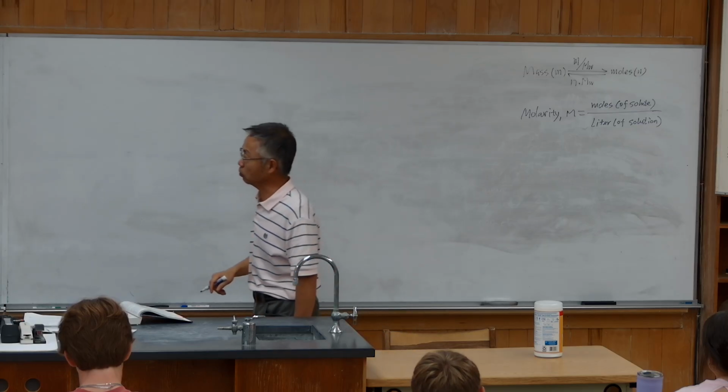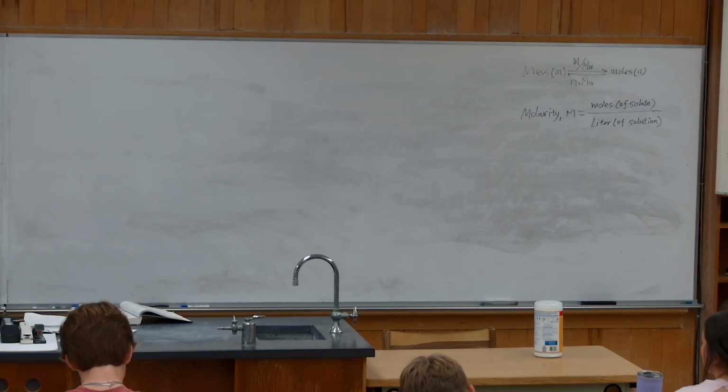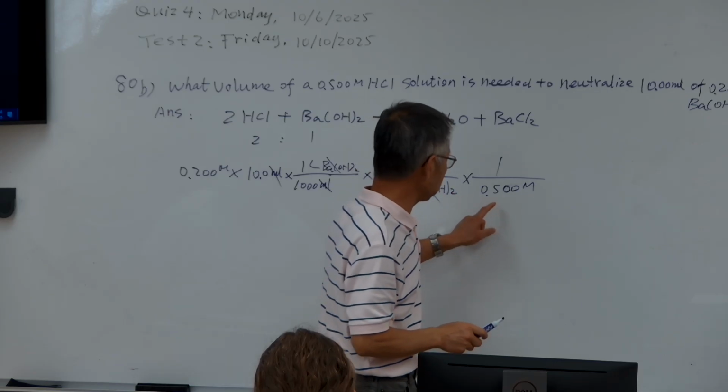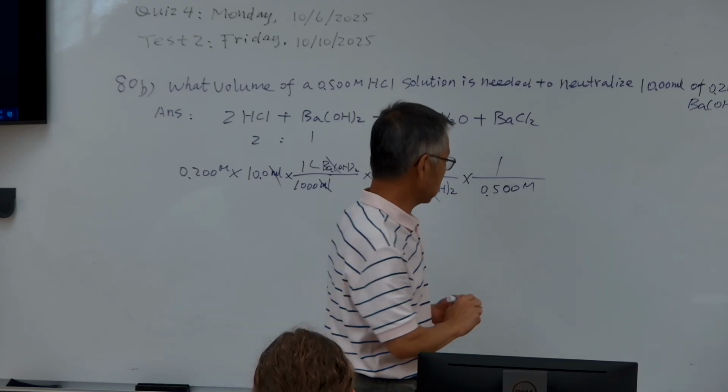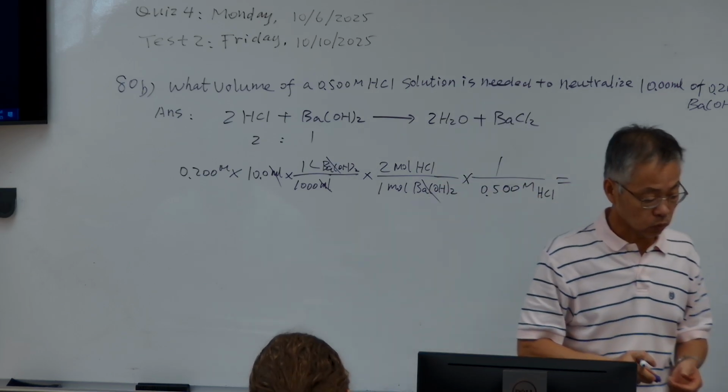Moles divided by molarity, you get liter. Molarity here is 0.5, so moles of hydrochloric acid divided by molarity of hydrochloric acid, you get volume.